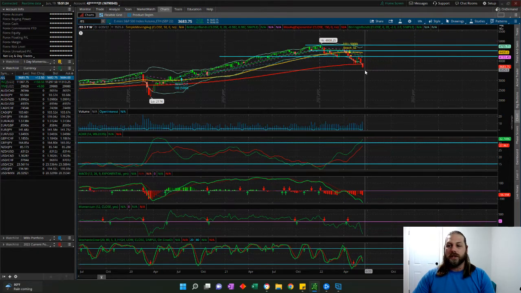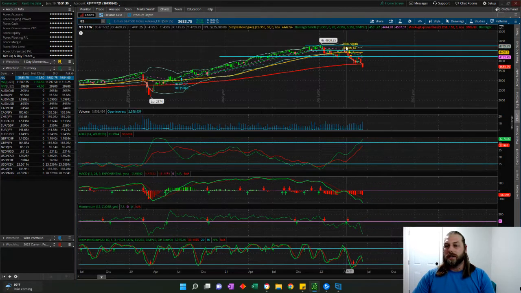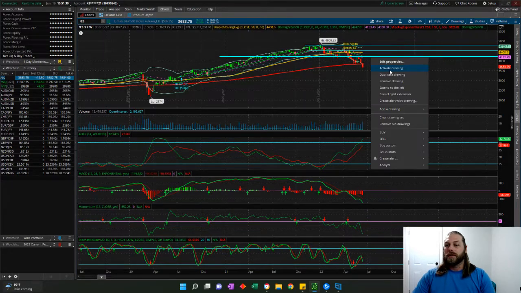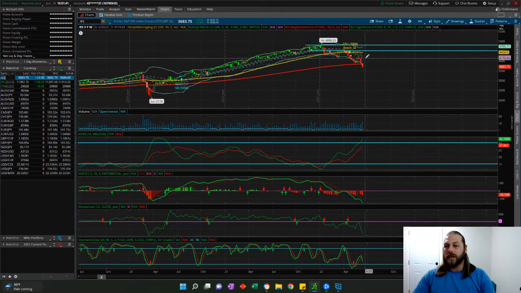So we're going to go to new lows and then pull back to this normal range and then possibly look for a correction into the 20 moving average, which is this green line right here.